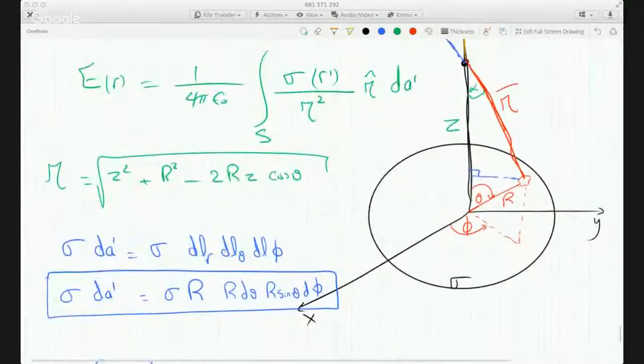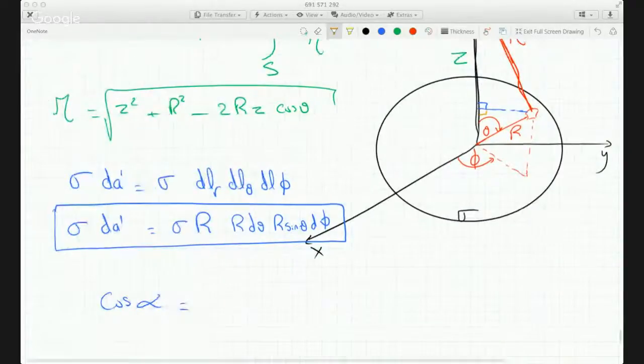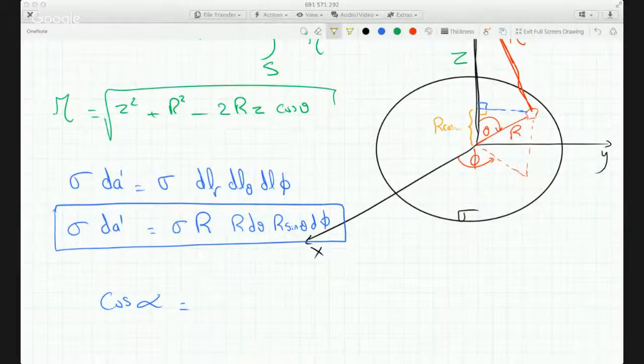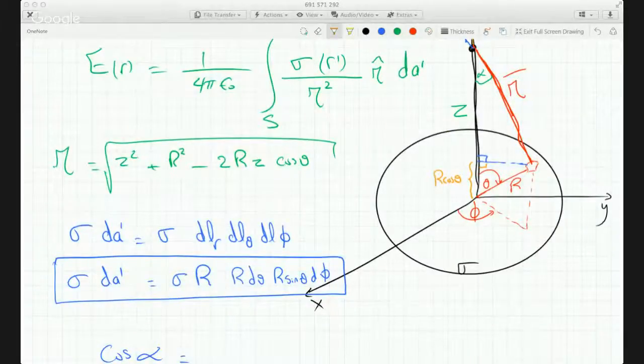As you can see from the figure, if this is r, this here is 90 degrees. So this side here will be r cosine theta, and the entire distance from here to here is z. If I subtract z minus r cosine theta, I get this piece here in my triangle.